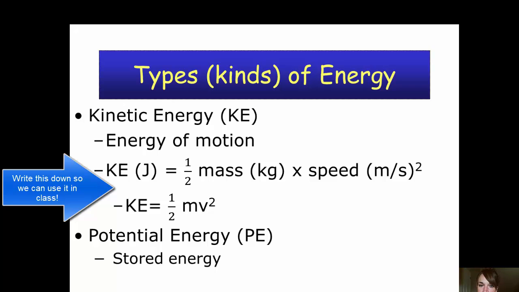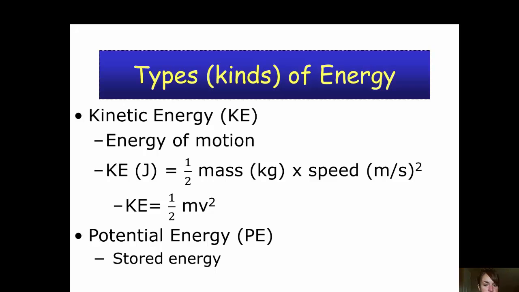And we measure that speed in meters per second. Okay, so we can simplify that by saying kinetic energy equals 1/2 mv squared. V stands for velocity, which is speed. Okay, so we'll be using that equation more in class. Just have it written down for now.